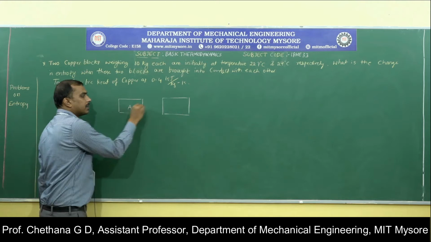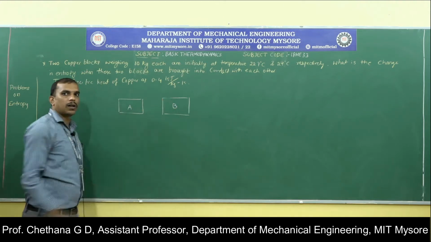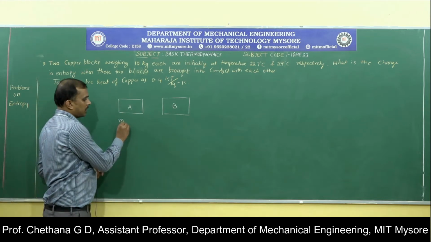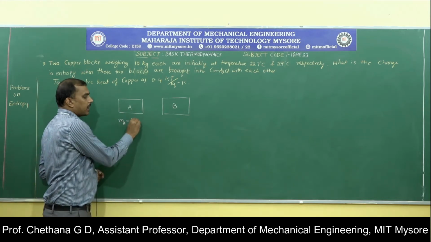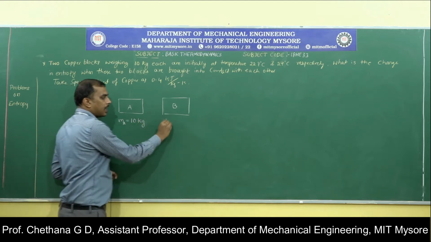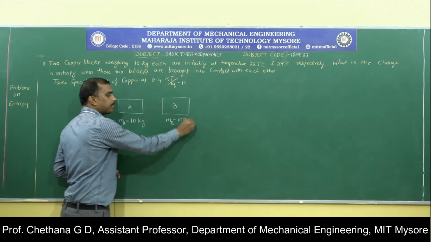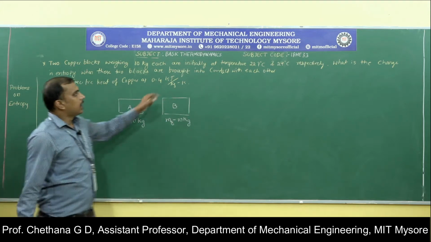Let us name them A and B just for our convenience. The mass of A is 10 kg and the mass of B is also 10 kg.